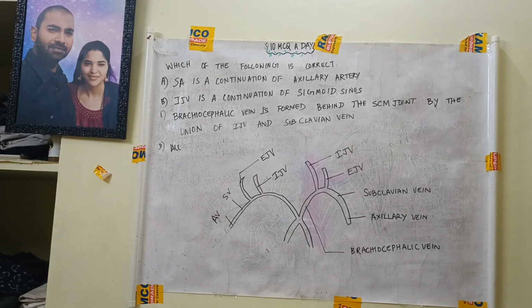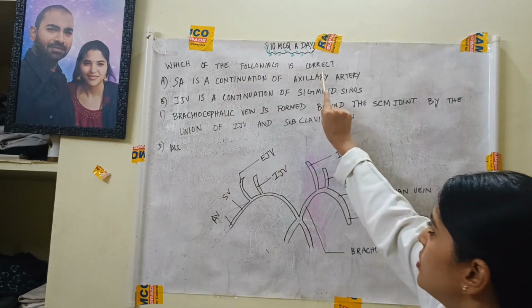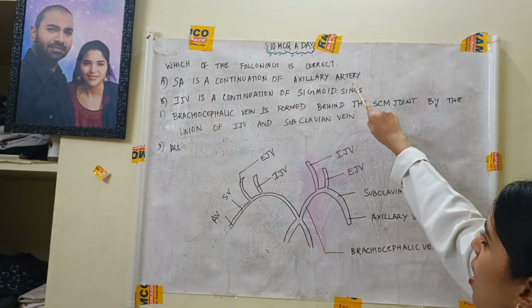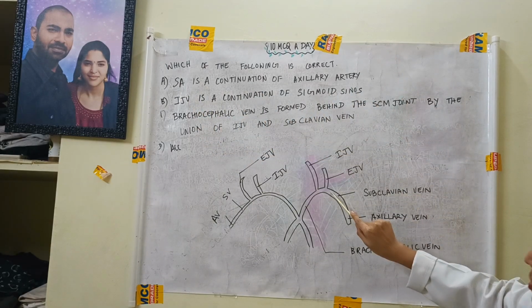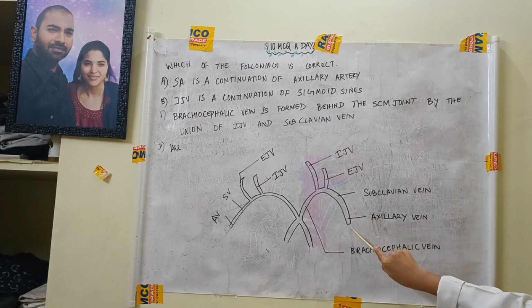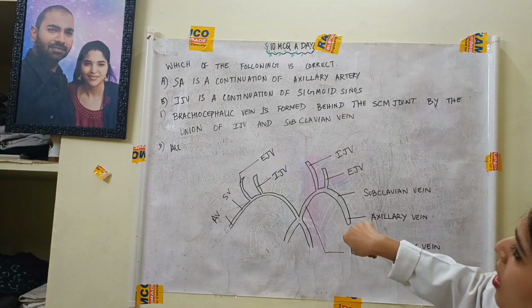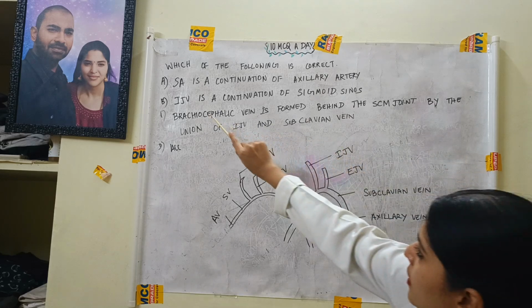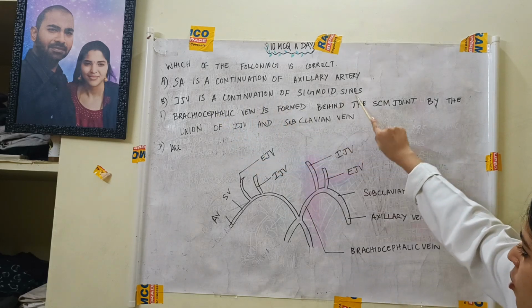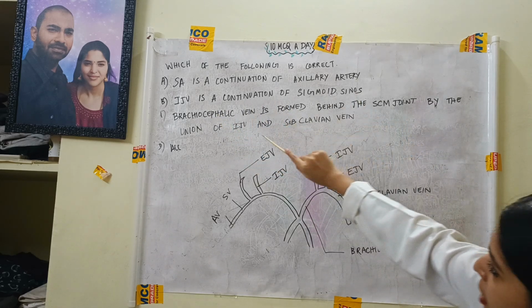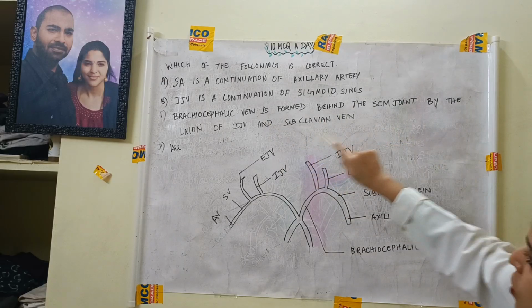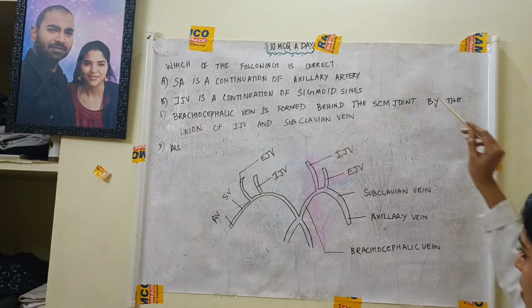The next MCQ, which of the following is correct? Option A, subclavian artery is a continuation of axillary artery. So this is the subclavian artery, this is a continuation of axillary vein. Internal jugular vein is a continuation of sigmoid sinus. As we all know, the brachiocephalic vein is formed behind the sternoclavicular joint by the union of internal jugular vein and subclavian vein.